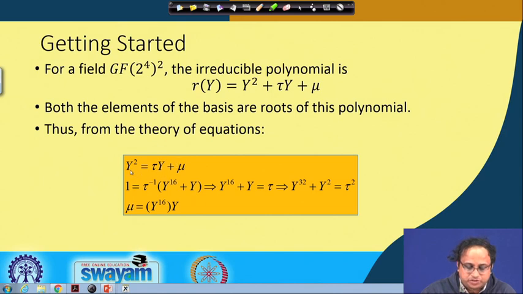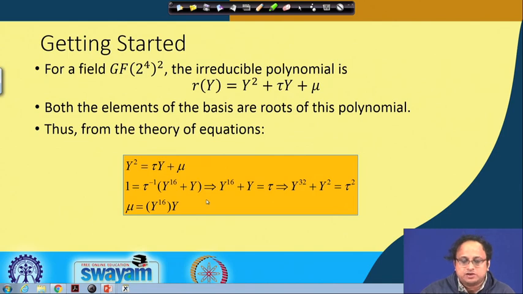In the normal basis representation, interestingly, you still have the same equation. When you are doing a reduction, instead of y square, you write tau y plus mu. But if you remember, the basis in this case is y power of 16 and y. So the basis for the GF(2^4)^2 representation is y power of 16 and y.